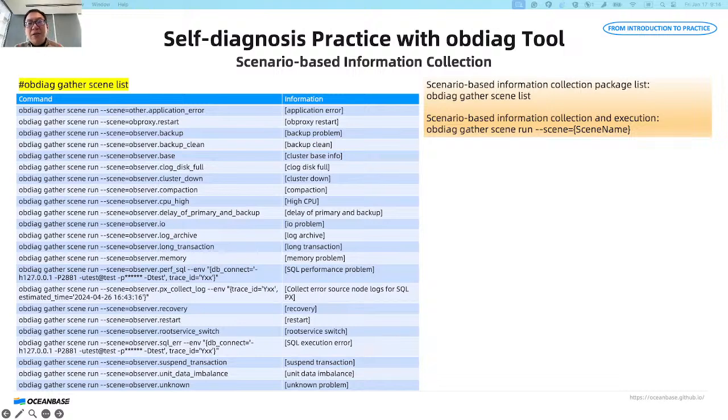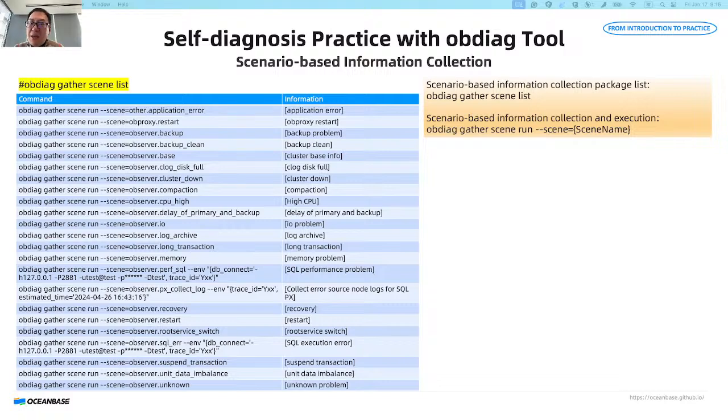Next, let's talk about the collection of scene information. This part is also very simple and convenient. The picture on the left shows the list of scene information we support. Users can select appropriate parameter values according to their own scenes.